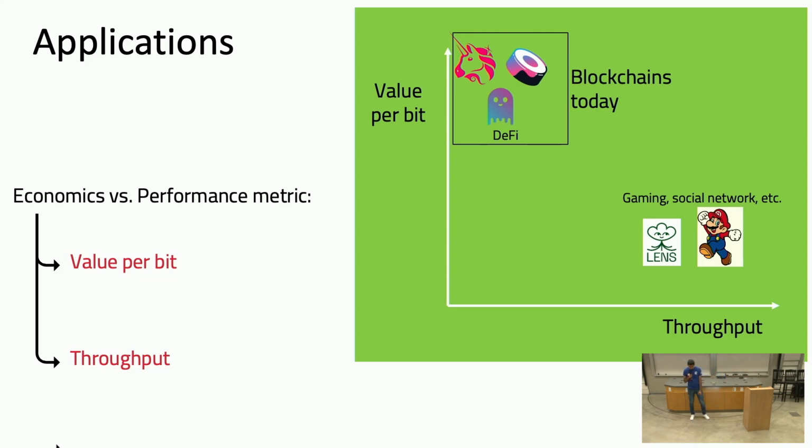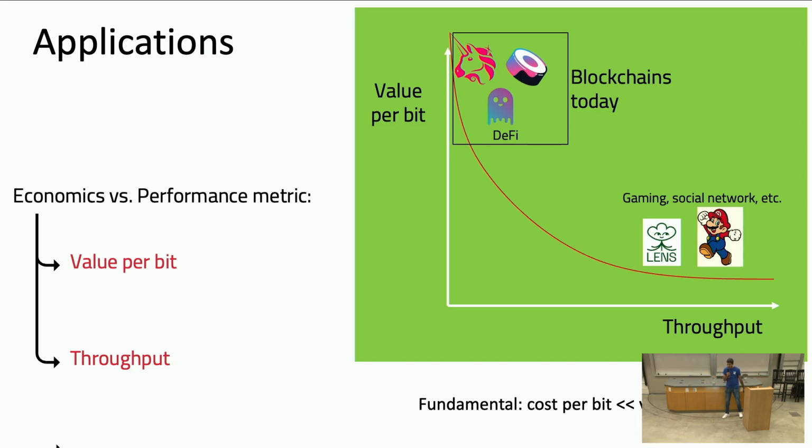Okay, so here's a curve: value per bit times bits per second. If you're on the same curve, it's the same value per second, so you can go anywhere and still the net utility is the same. But moving from the top left quadrant to the bottom right actually requires several fundamental innovations. It's not as simple as increasing throughput. Why is this?